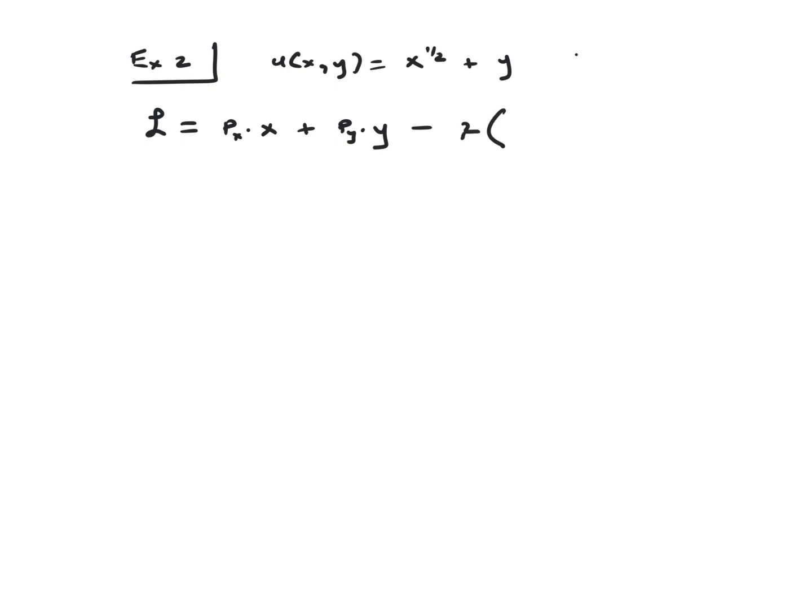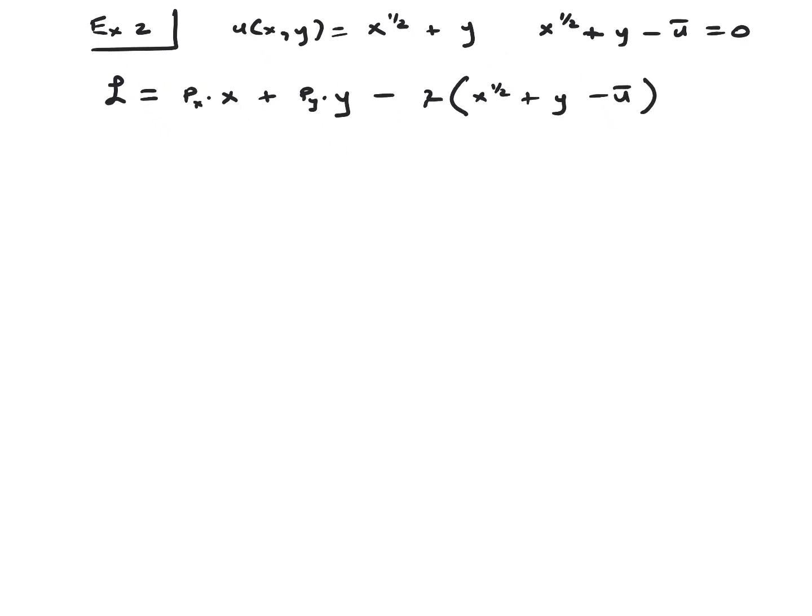And so, again, what I'm going to do up here is rearrange this so that it's the utility function x to the 1/2 plus y minus the targeted level of utility equal to 0. So I'll just plop that down inside of my parentheses. And now I've got my Lagrangian.